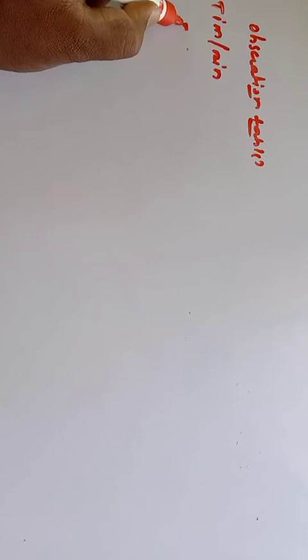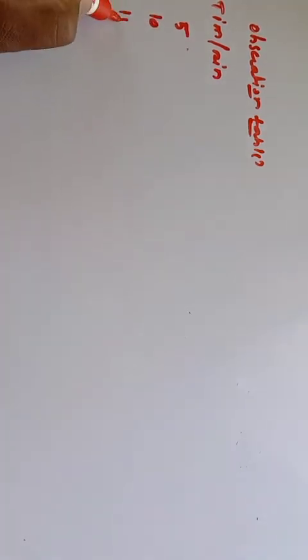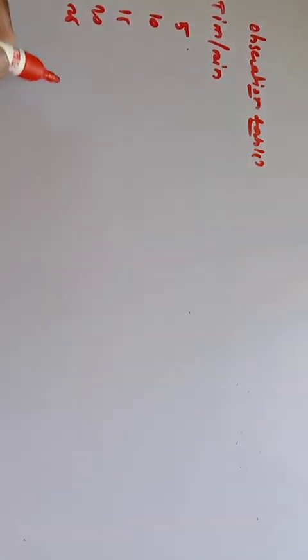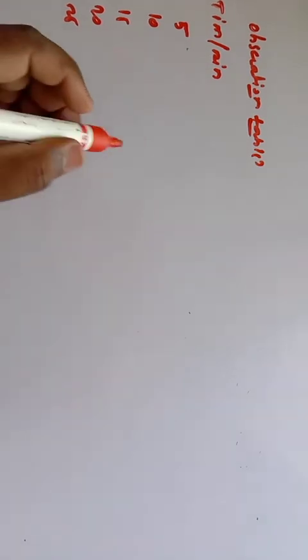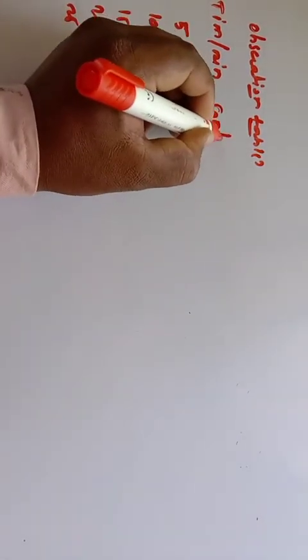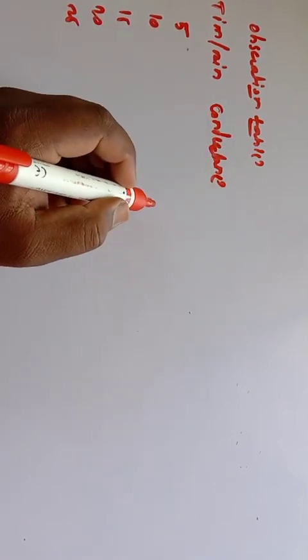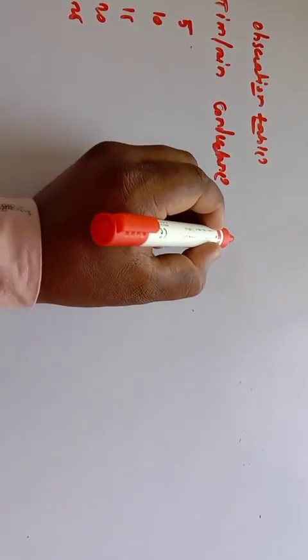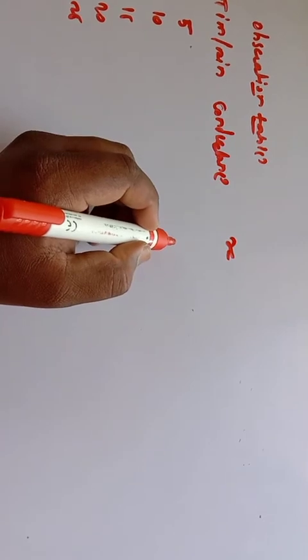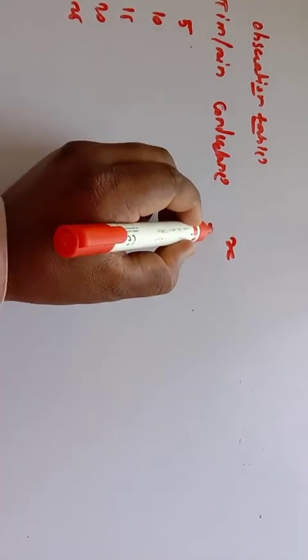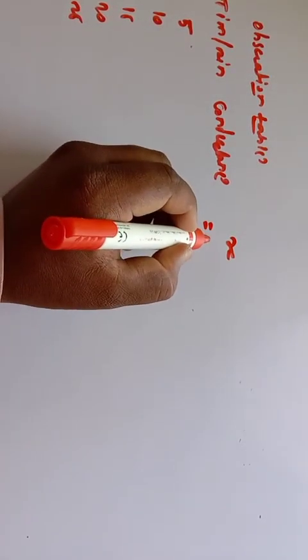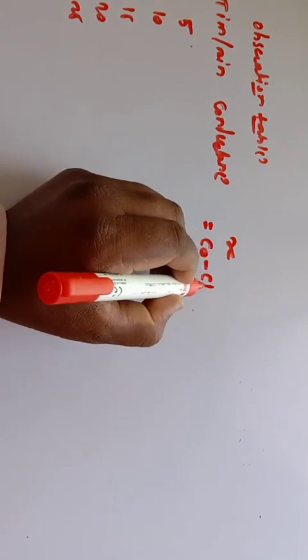After every 5, 10, 15, 20 and 25 minutes, you have to measure the conductance. Then you have to find out the x. So what is this x? The x is nothing but C0 minus Ct.